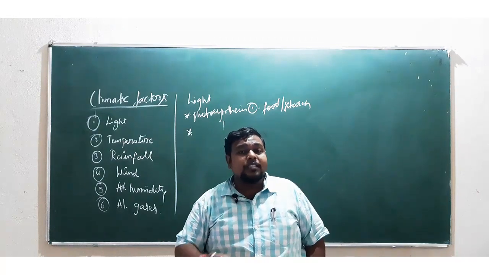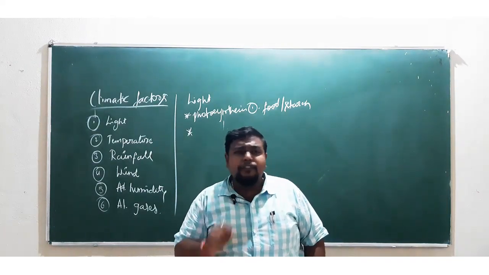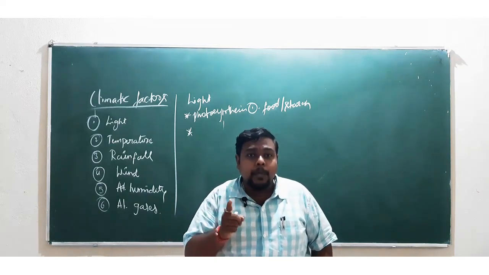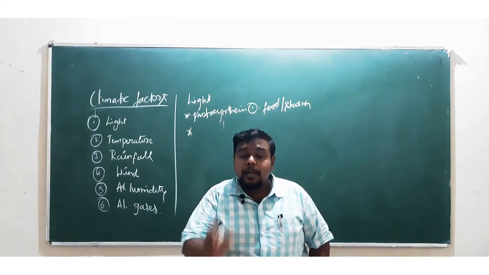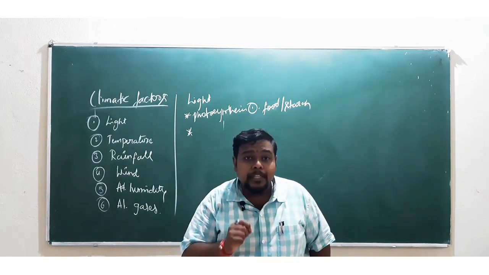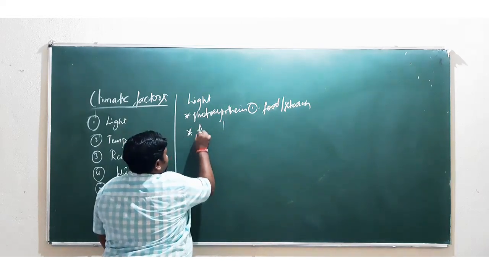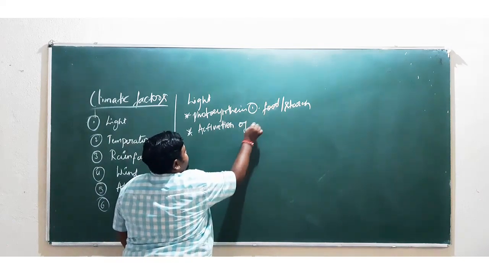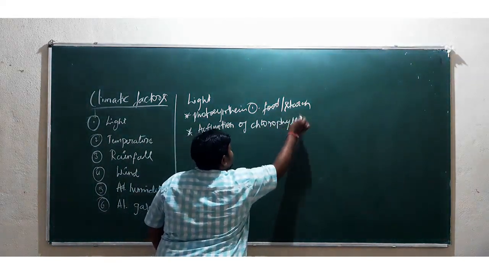If photosynthesis has to occur here, there should be a presence of chlorophyll, and we know very well that photosynthesis occurs only in the daytime, because from this statement we can confirm that chlorophyll will be activated, or the formation of chlorophyll will be done, only in the presence of sunlight. So, the second point is activation of chlorophyll. This is the second influence here.